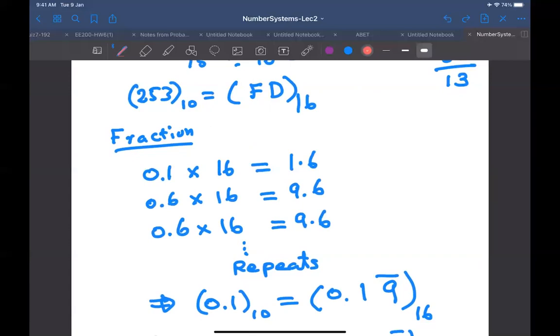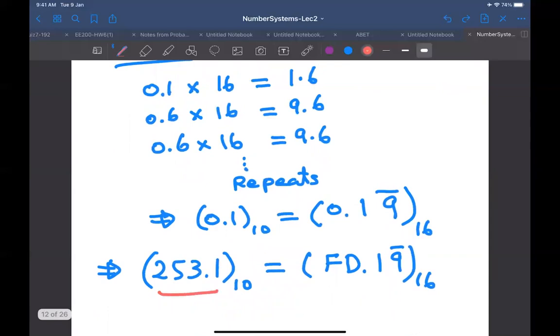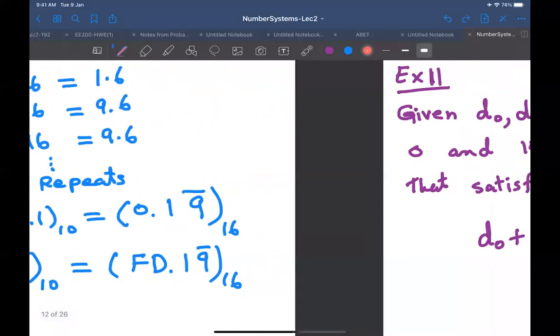So the final answer to this question is 253.1 in decimal is equal to FD.199, 999, etc. in hexadecimal. Okay, is this clear? Yes. Okay. Well, moving on.